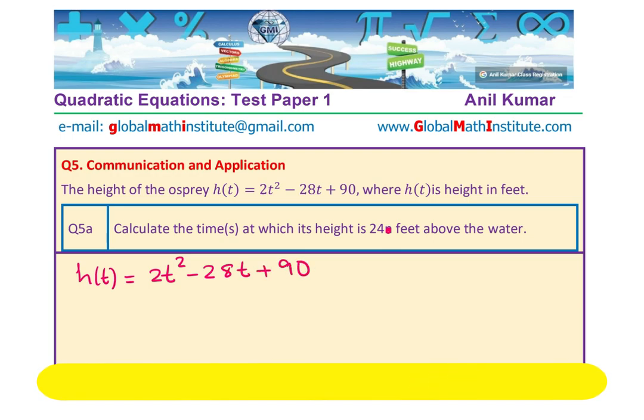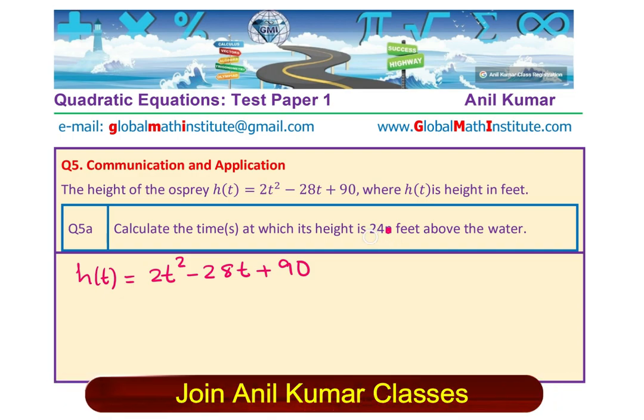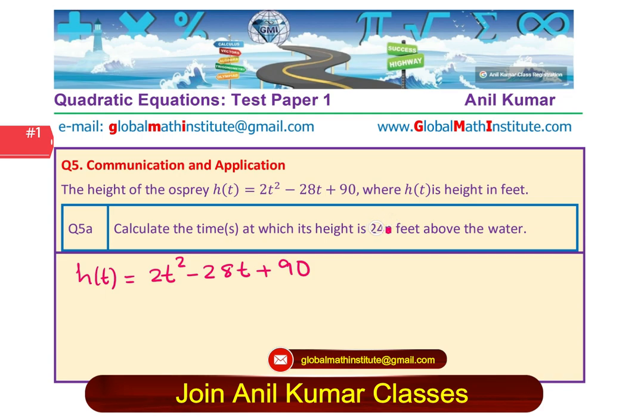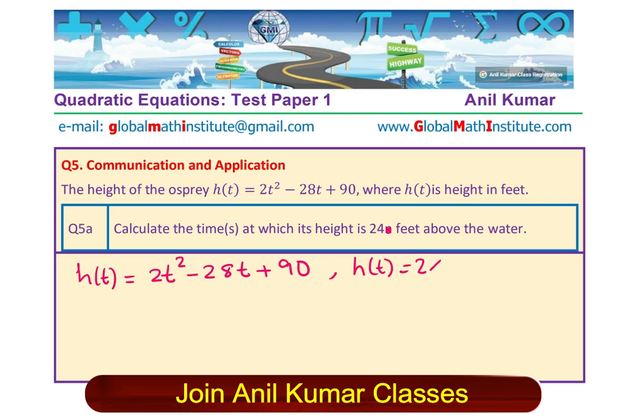Height is in feet, and we want the time when the bird's height is 24 feet. So that means h of t is equal to 24. Perfect. So we'll substitute h of t as 24 and solve for t.